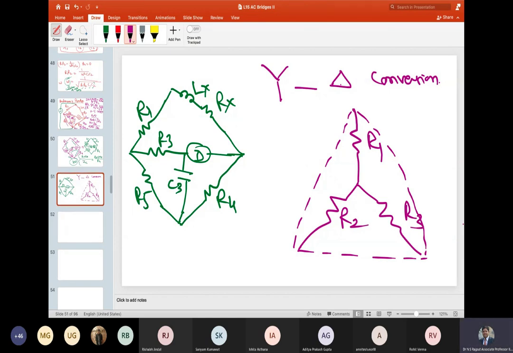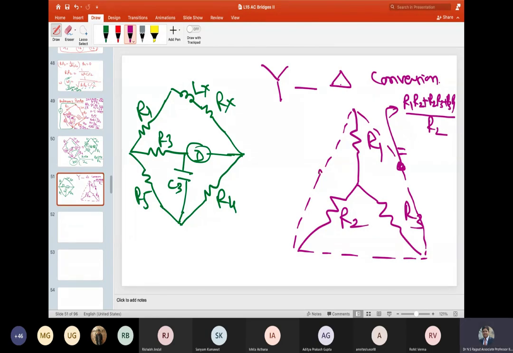And in case of delta, this value will be equal to R1R2 plus R2R3 plus R3R1 divided by the opposite arm, which is R2.